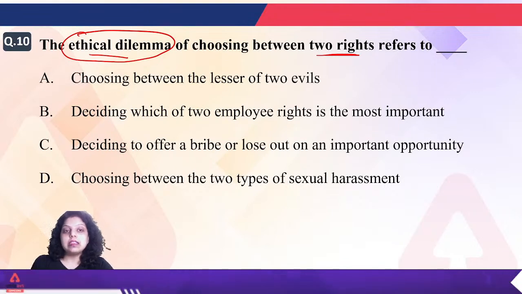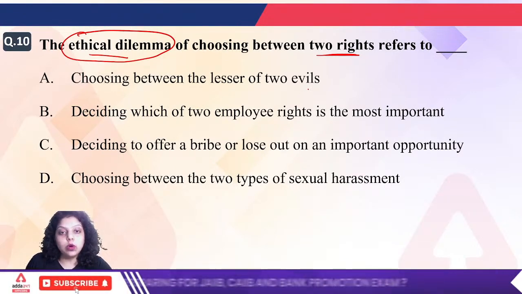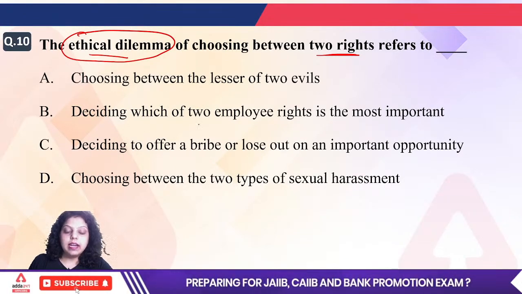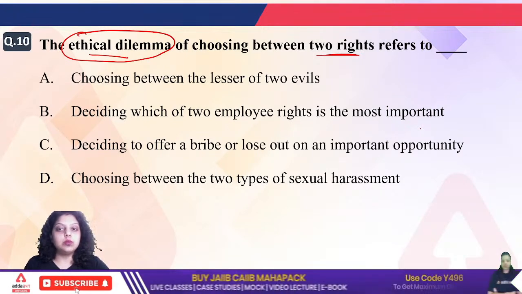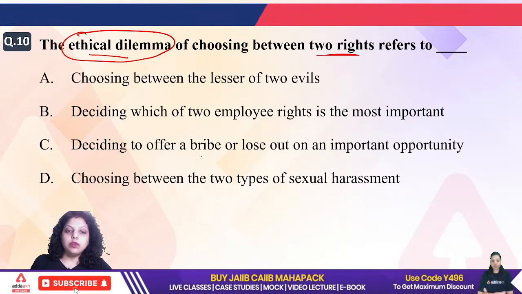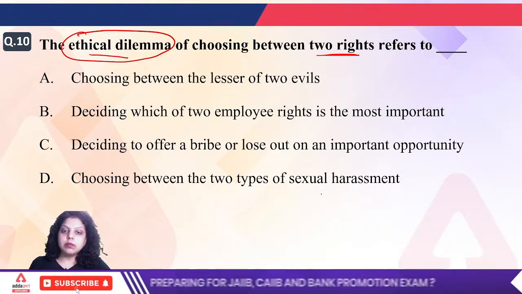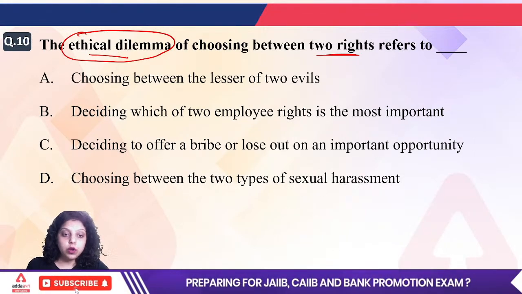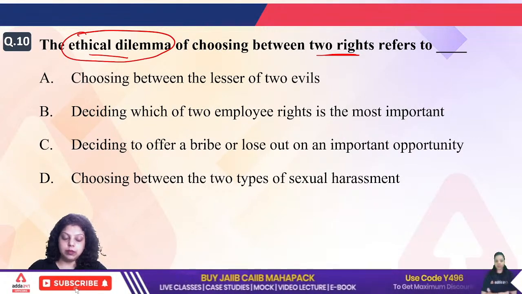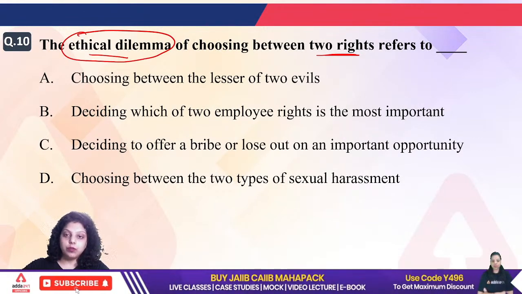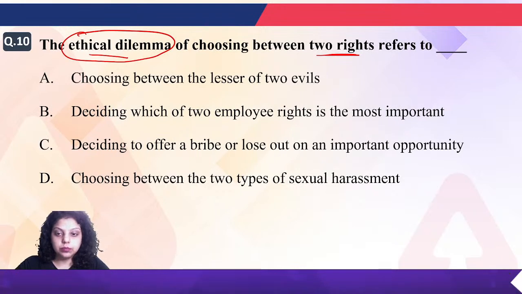So what is the ethical dilemma? Choosing between the lesser of two evils, deciding which of two employees' rights is most important, deciding to offer a bribe or lose out on an important opportunity, choosing between two types of sexual harassment. Which of the following will be true regarding the ethical dilemma? Choosing between two rights refers to which of the following?